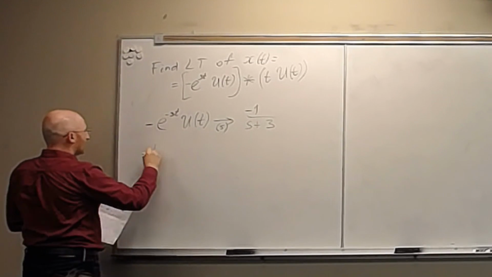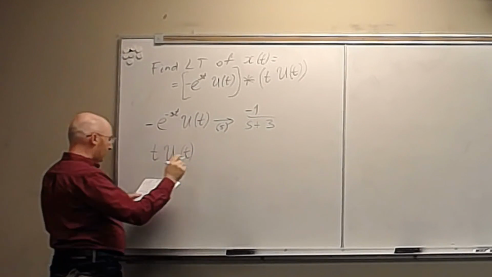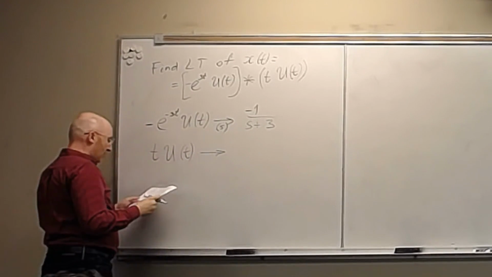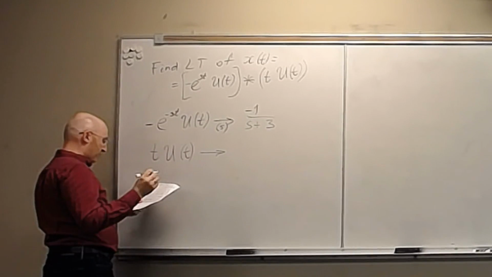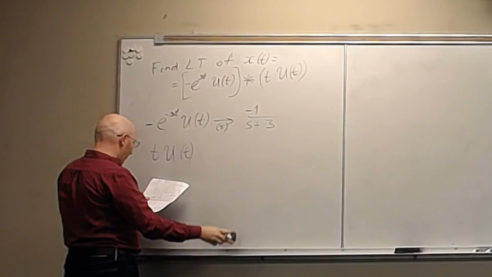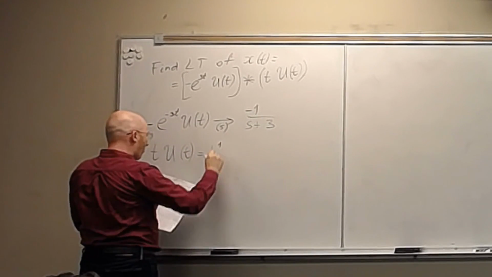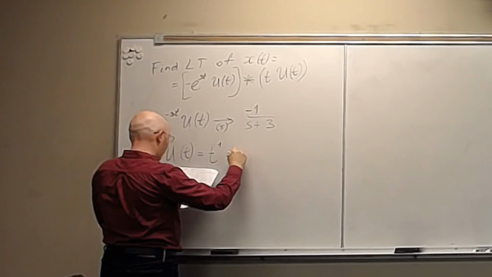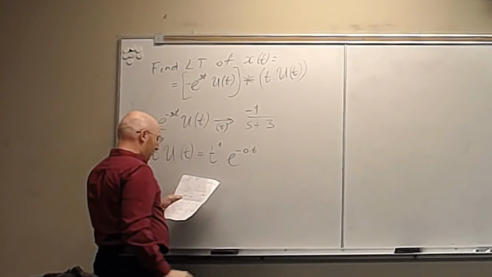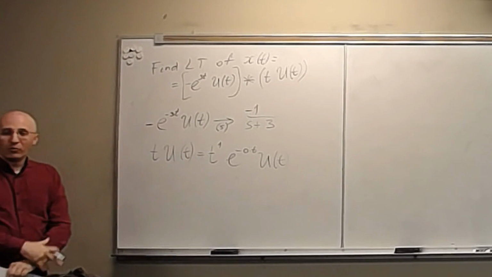Now, the second one, t times u of t. Basically, let's simplify it a little bit. You can write that thing as t to the power of 1, e to the power of -0 times t, and step of t. Now, why am I writing that in that way?